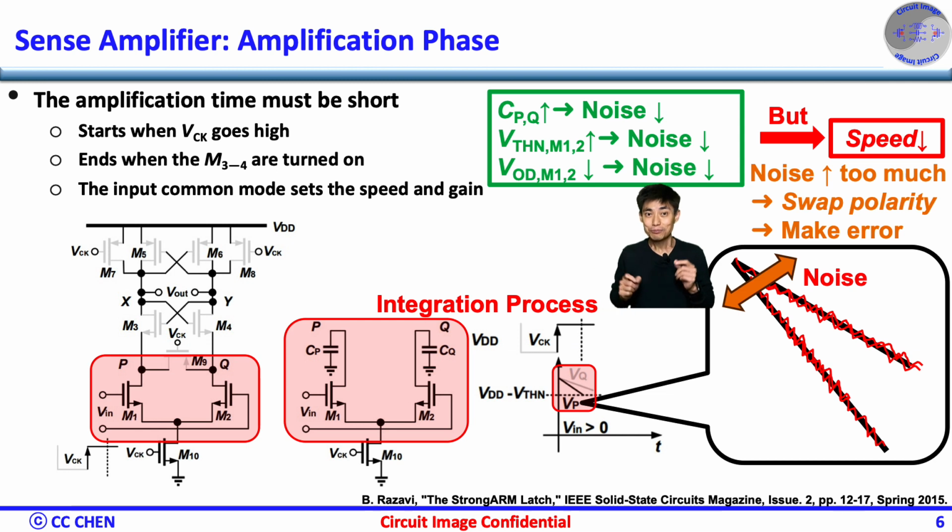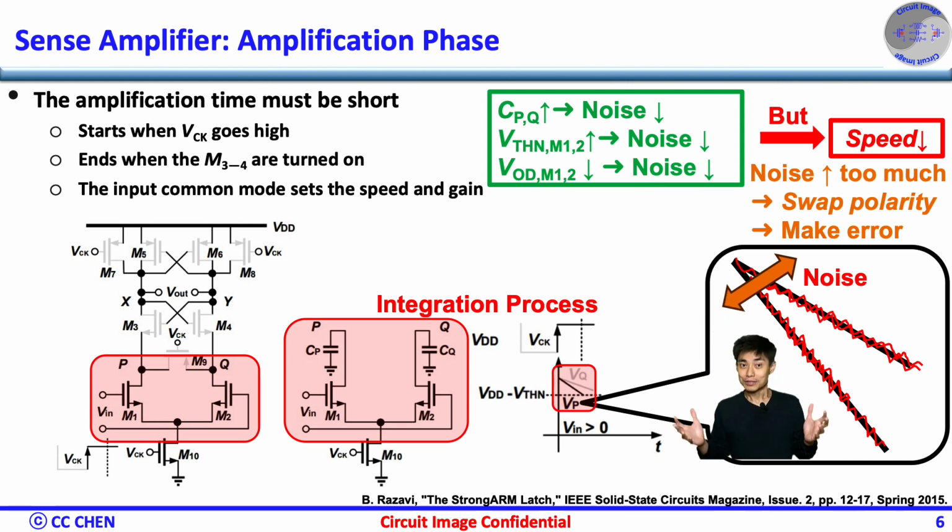Similarly, for the input differential pair, with a higher threshold voltage of the input pair M1 and M2, the input will have more immunity and less dependence on noise. Another observation is the input common mode voltage must be small enough to keep disturbance and noise low.